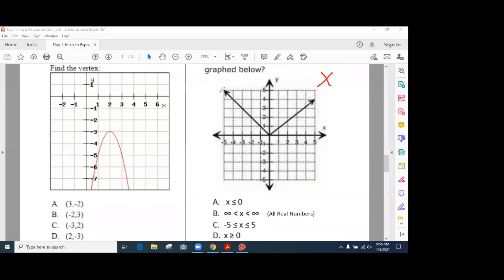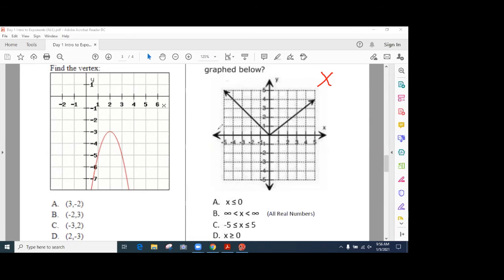We cannot draw a line. What about on this side? Can I crop that line right there? No, arrows on both sides. So what do we call it when we can't crop anything because there's arrows that go on forever? We call it all real numbers. Now, when we test it, the boss at the district that makes these tests put this right here. These are infinity symbols.